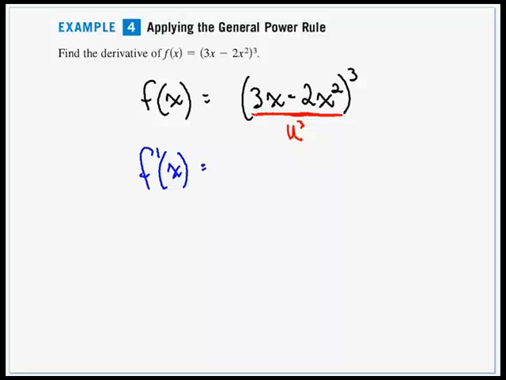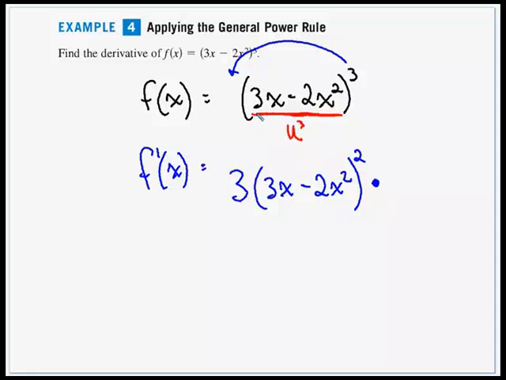So we want to take that derivative. Bring the 3 down front. Exponent drops down front: 3 times that same quantity, 3x minus 2x squared, to 1 power lower. So we've taken the derivative of f of u. Now we want to do the u prime.